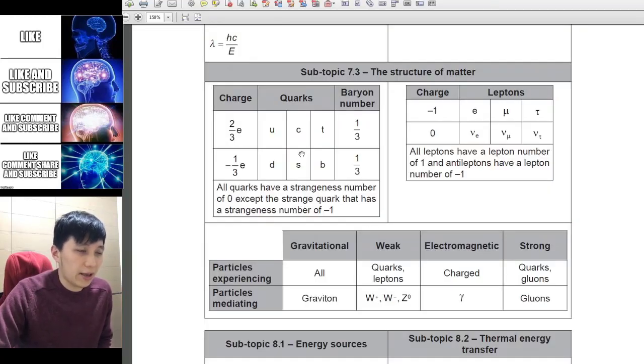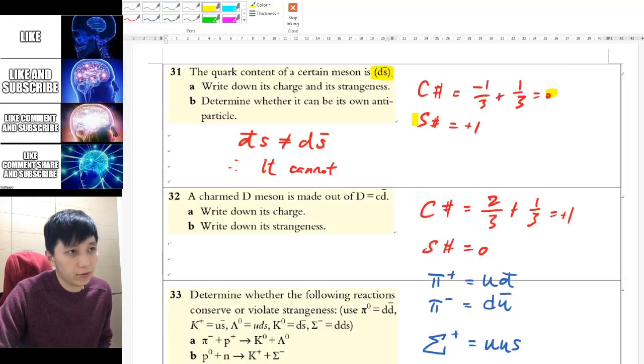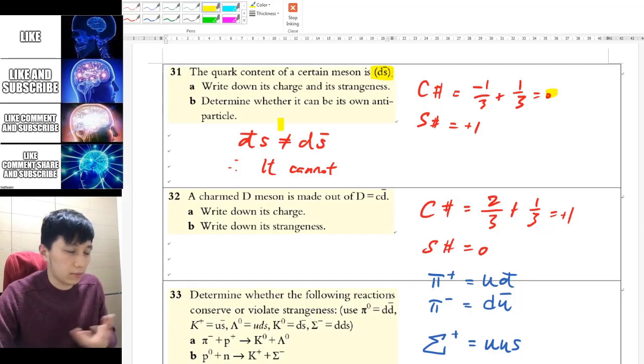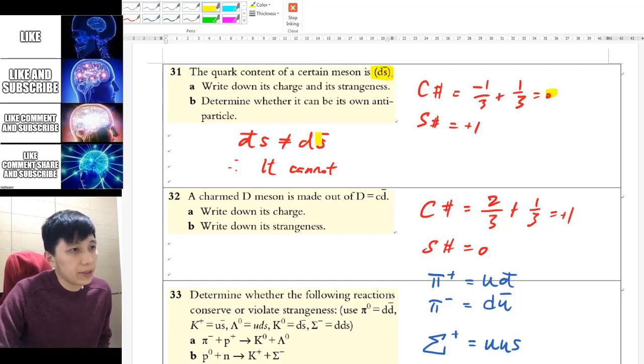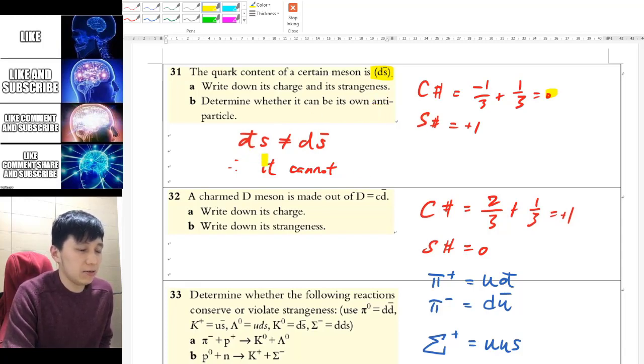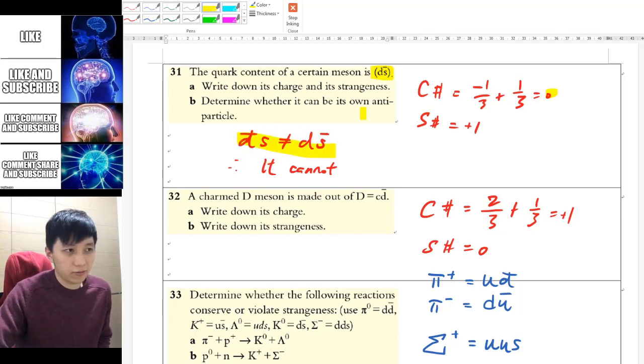The regular S has a strangeness of -1, so for anti-S it's actually +1. And so yeah, that's part A. Part B asks you about the antiparticle, so I will find the antiparticle, that would be anti-D with the regular S, and if you look at the content, they are not the same obviously, so it cannot be.